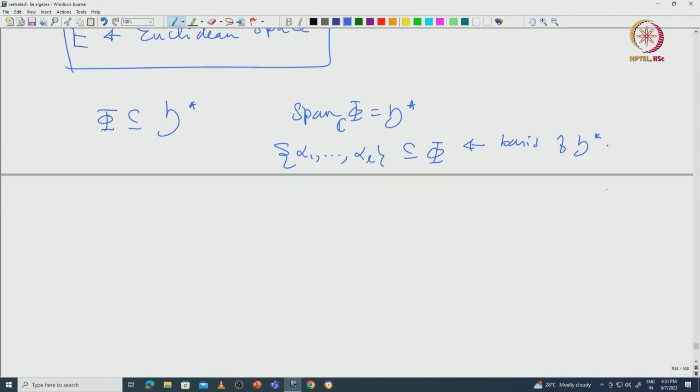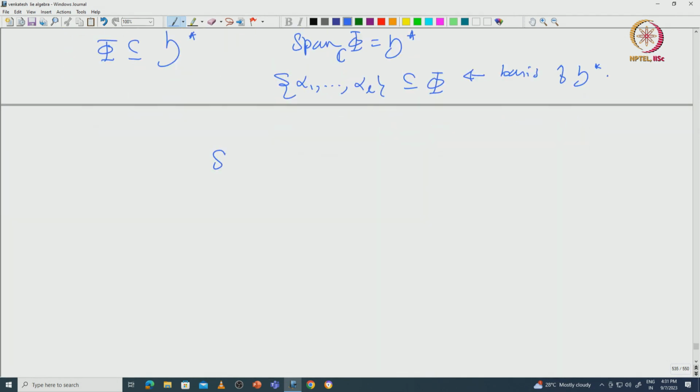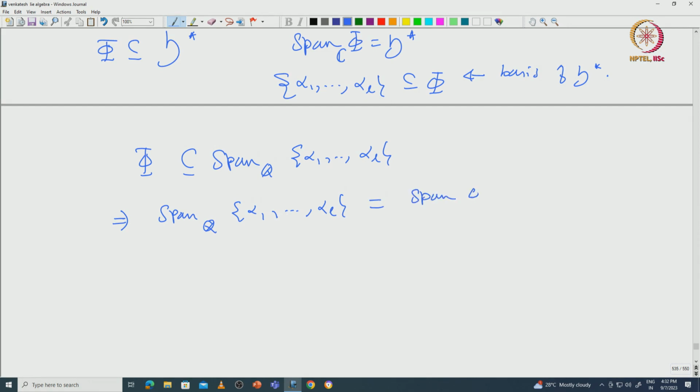Then what we realized is that the span of this alpha 1 etcetera alpha L over Q must contain phi. So, the span of alpha 1 etcetera alpha L over Q must be equal to the span of phi over Q. That is what we observed.